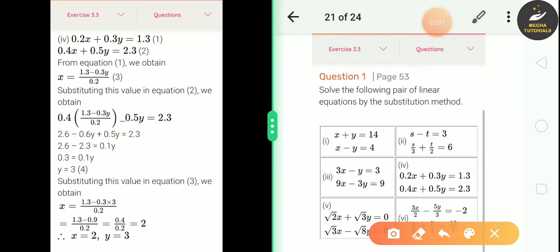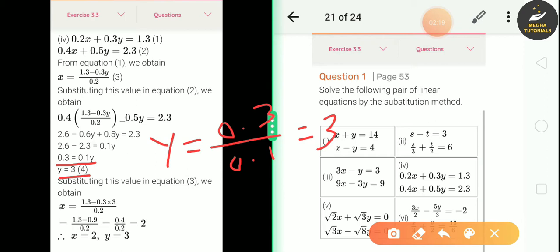So 2.6 minus 2.3 is 0.3 is equal to 0.1y. So y is equal to 0.3 upon 0.1, which is equal to 3. Therefore we got y is equal to 3.